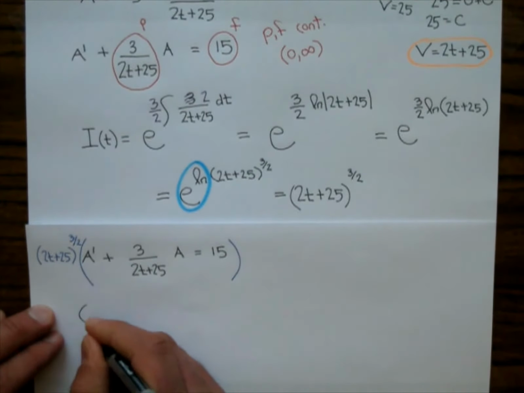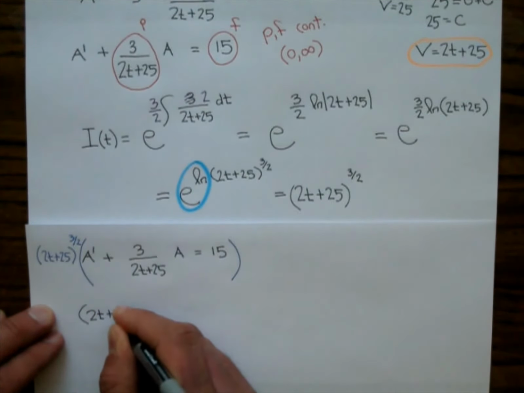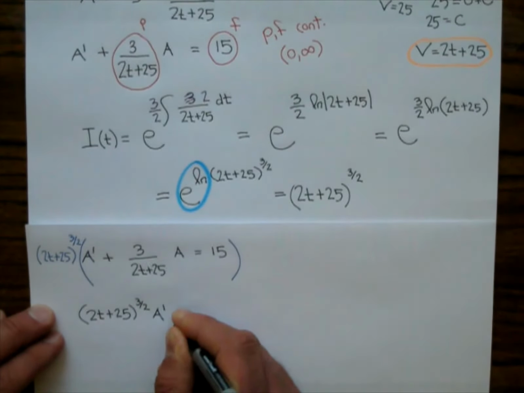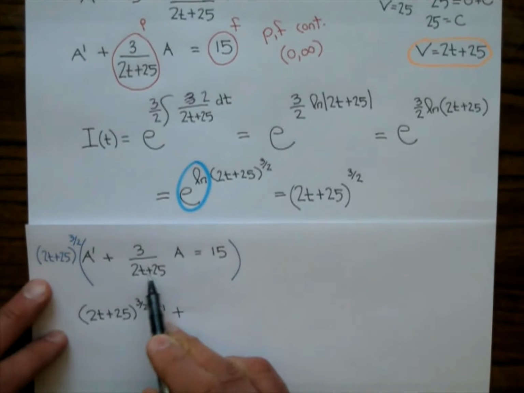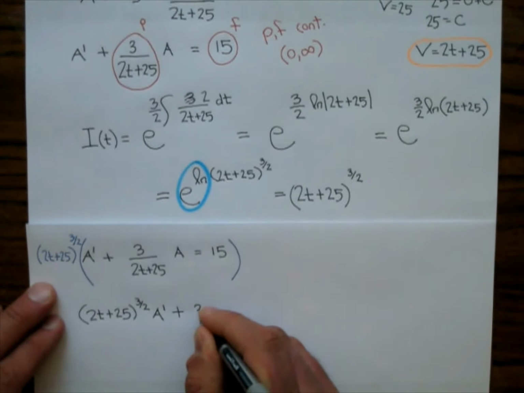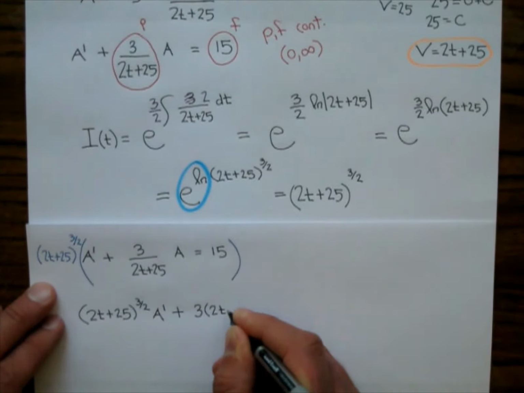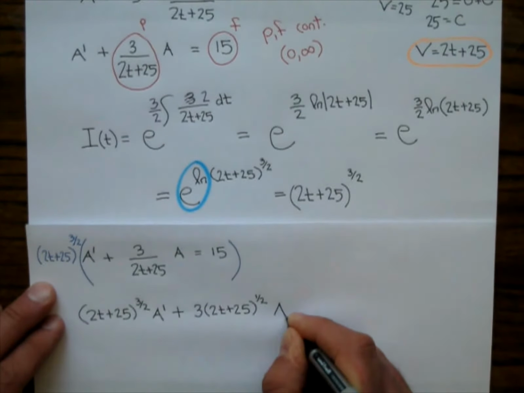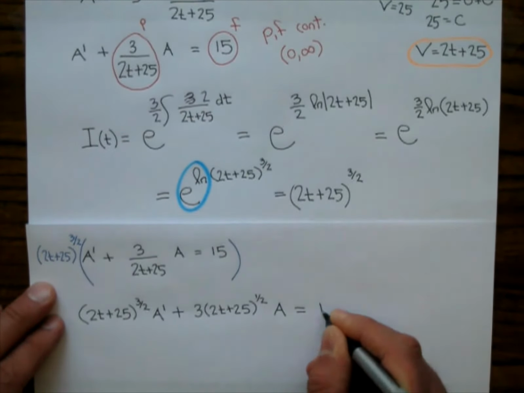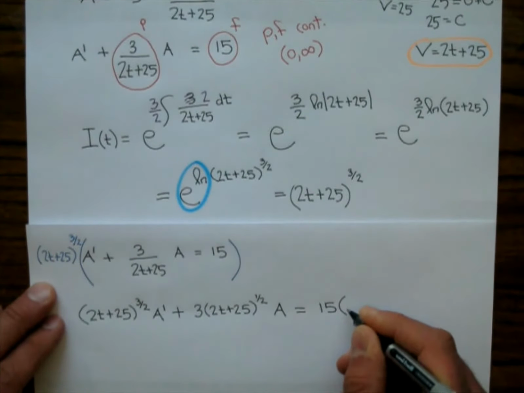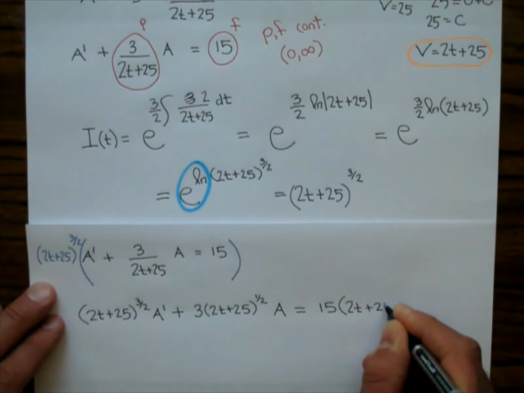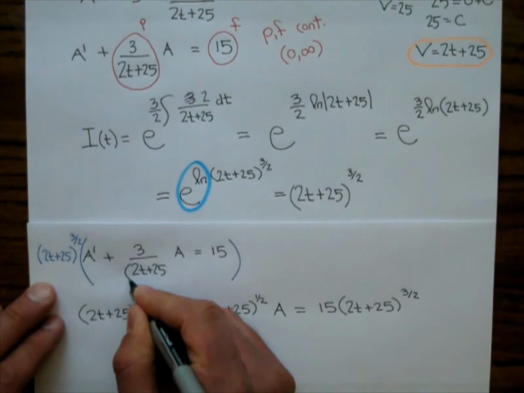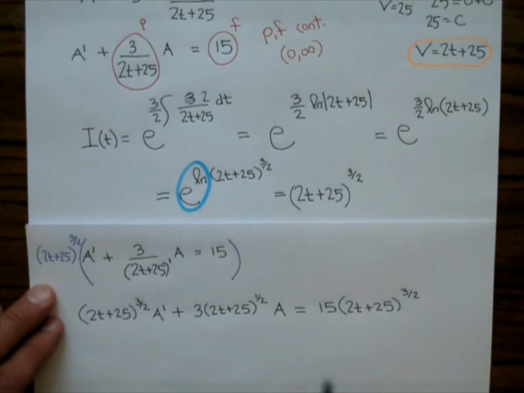So this is the integrating factor times A prime plus this, and when you multiply this together, you're going to get 2t plus 25 to the 1/2 power times A equals 15 times 2t plus 25 to the 3/2 power. And this became the 1/2 power because you have one of those down there, and it canceled out a little.